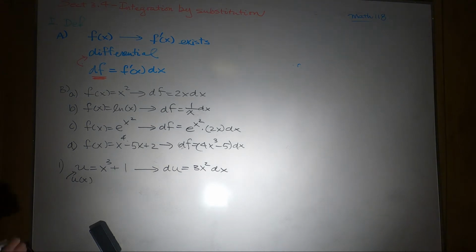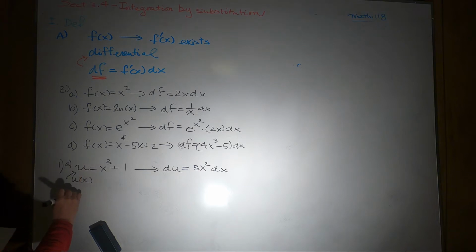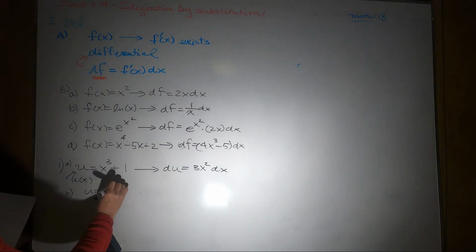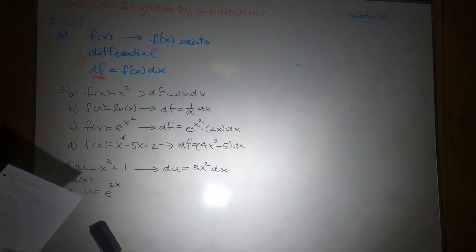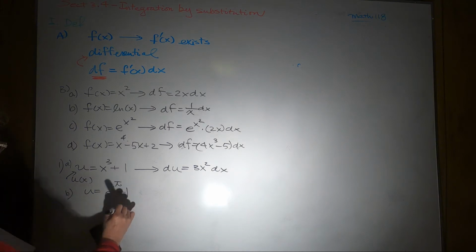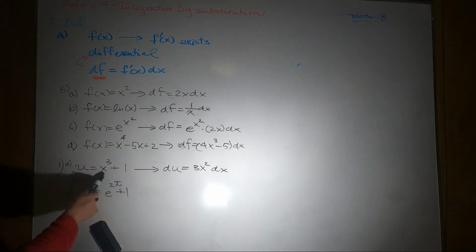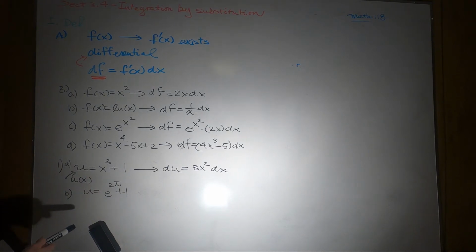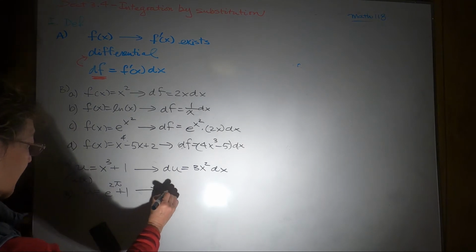Then for the next one, if I have e to the 2x power to t power plus 1, I'm going to replace this one with u. When I take the differential on both sides, what do I have?